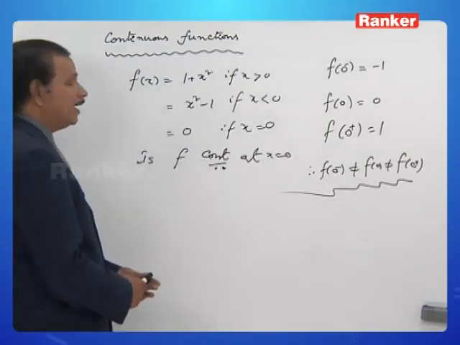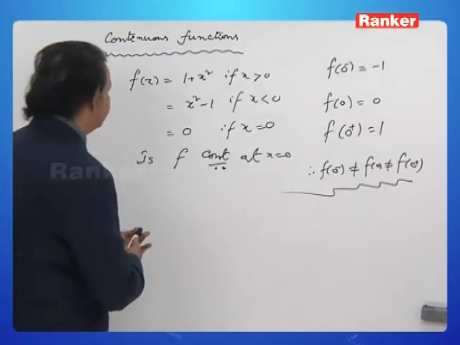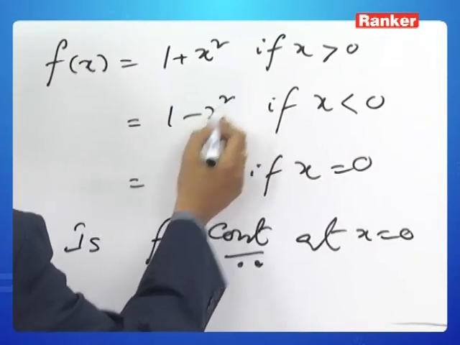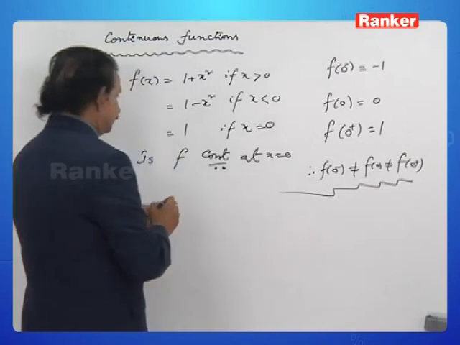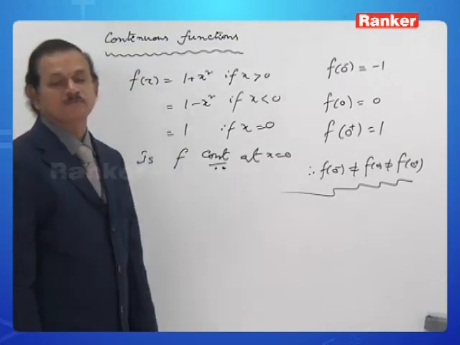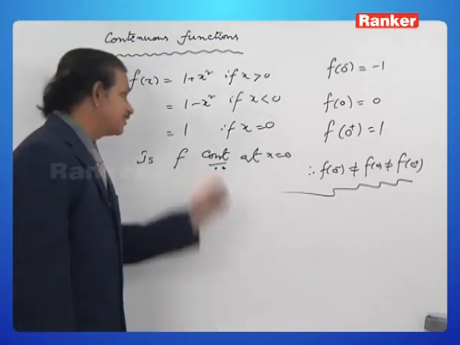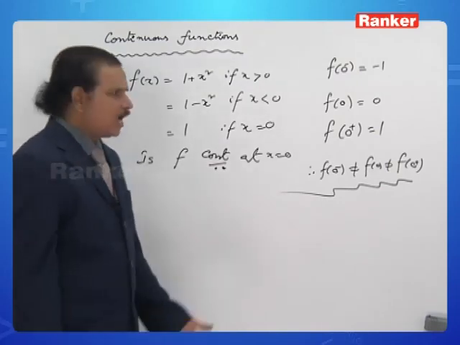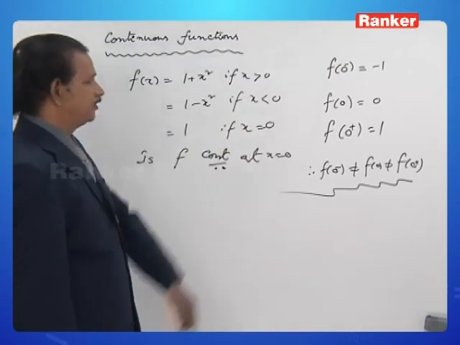So, now I would like to change some things here. I have changed the function. What is the fate of this function about the continuity at x is equal to 0? As usual, what is f of 0 from left?